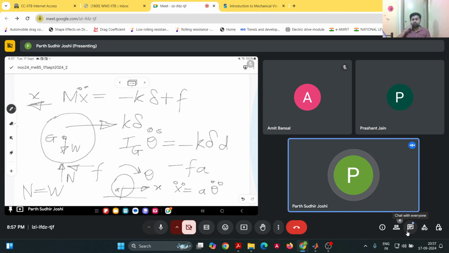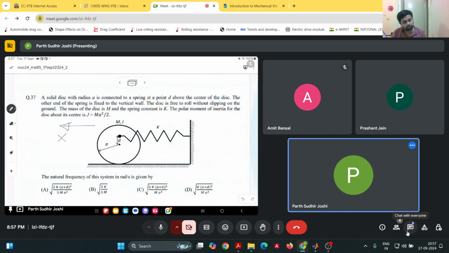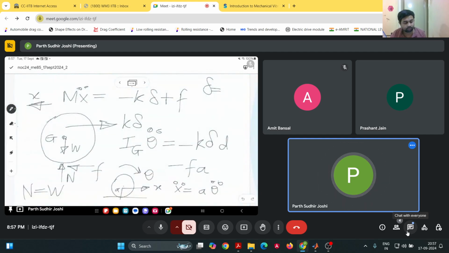Using this, we can now eliminate the friction force. And what is delta? Delta will be d sine theta actually, but for small oscillations we can call it d theta only.